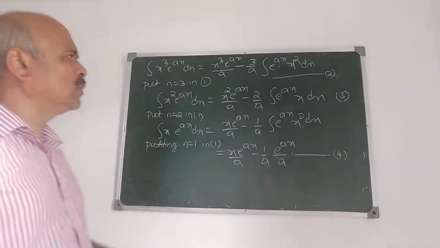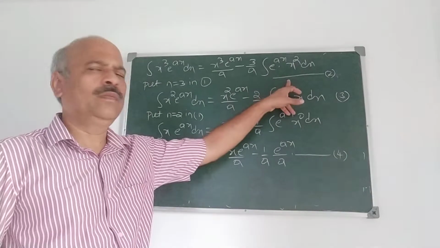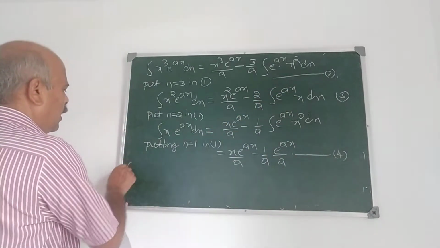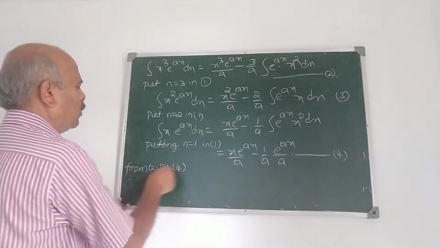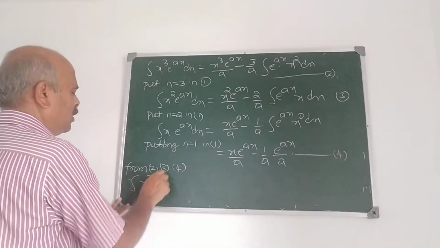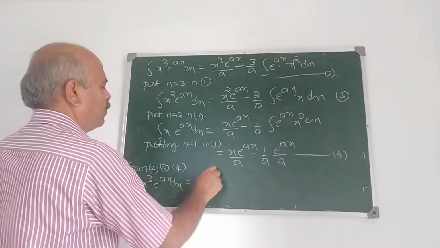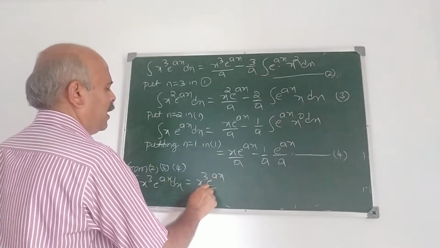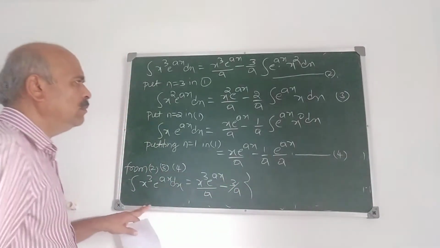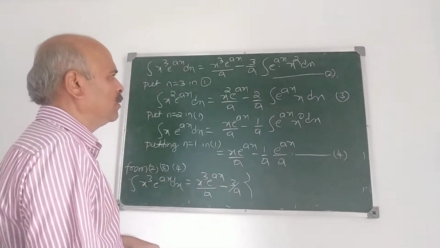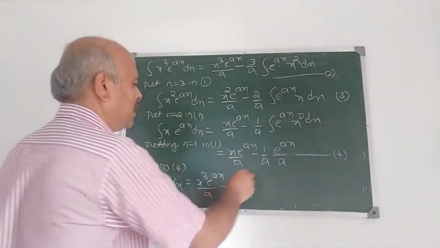Now you have to substitute here values of 3 and 4 in 2, or I write from 2, 3, 4. Integral x cube e raised to ax with respect to x is x cube e raised to ax upon a minus 3 by a into substitute integral e raised to ax x square. What is that?